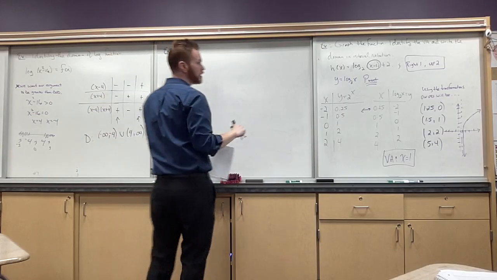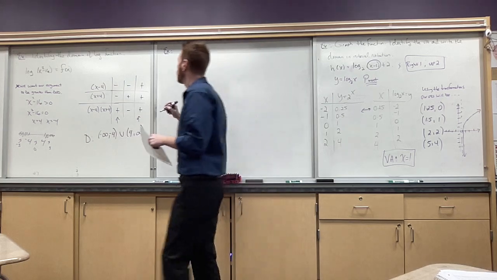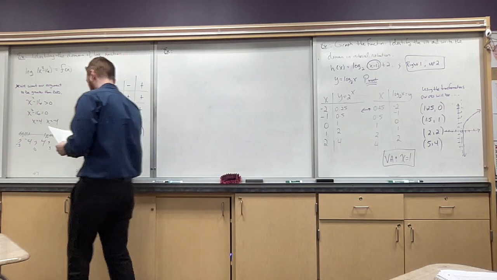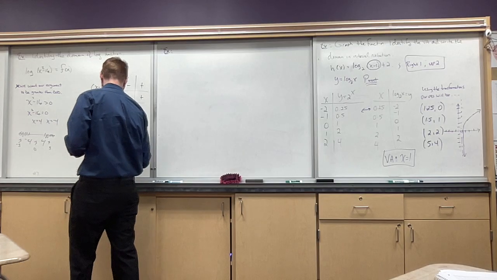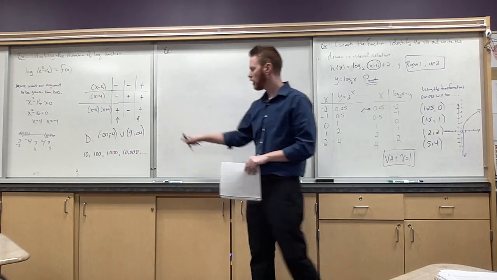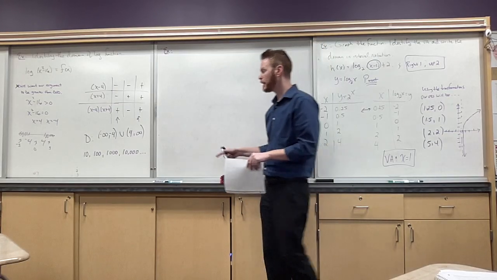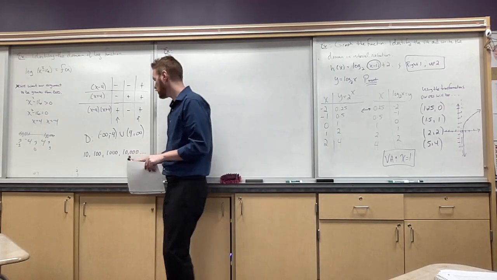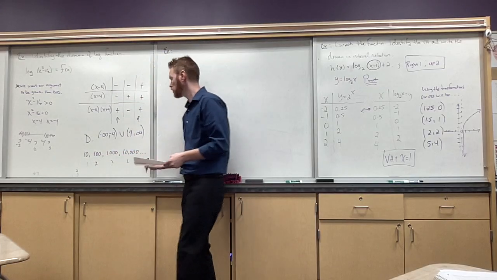Now, one thing to note, a good reason as to why we do this. I'm going to write it over here. If I had these numbers, 10, 100, 1,000, 10,000, and so forth, if I follow that trend, my number is going to get bigger and bigger, right? Well, if I take base 10 log of all these numbers, they become 1, 2, 3, 4, and so forth.